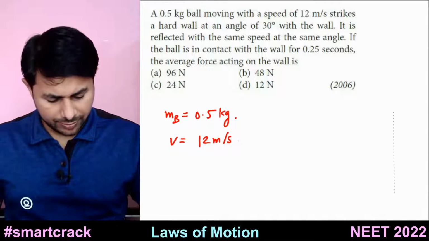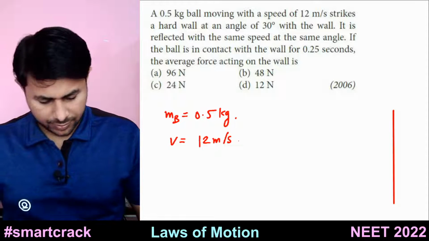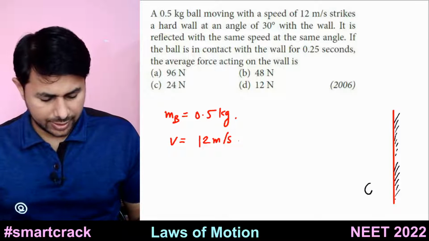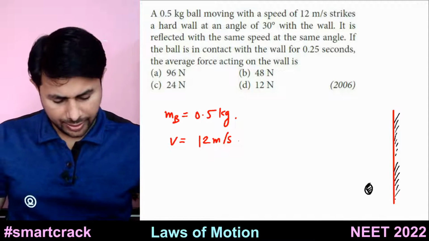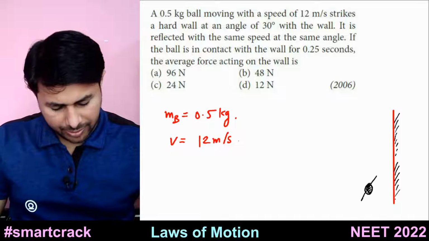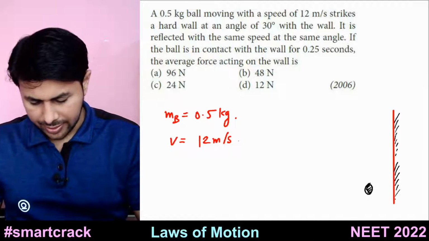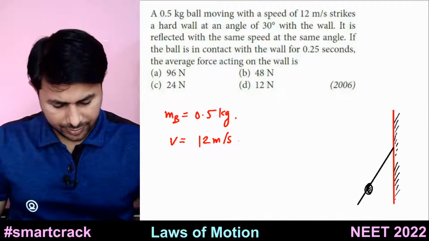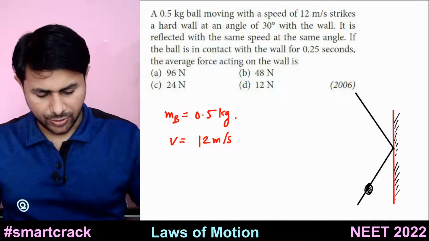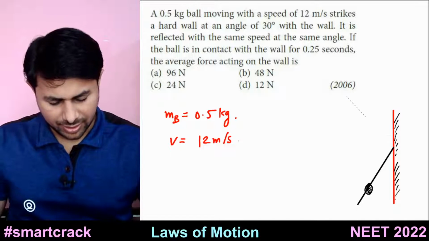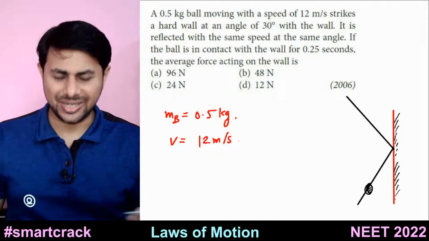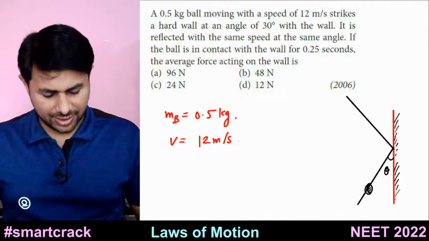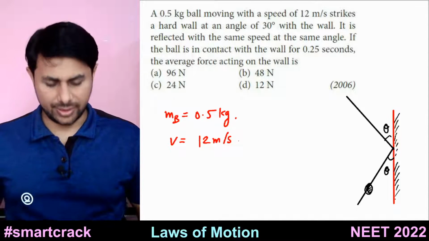So this is my wall, and this is a ball that I'm throwing at the speed of 12 meters per second. So it hits the wall at some angle and it is reflected. For reflection, we know the angle of incidence is equal to the angle of reflection, in ray optics. So this angle is 30 degrees, it's given. So this angle must be 30 degrees.